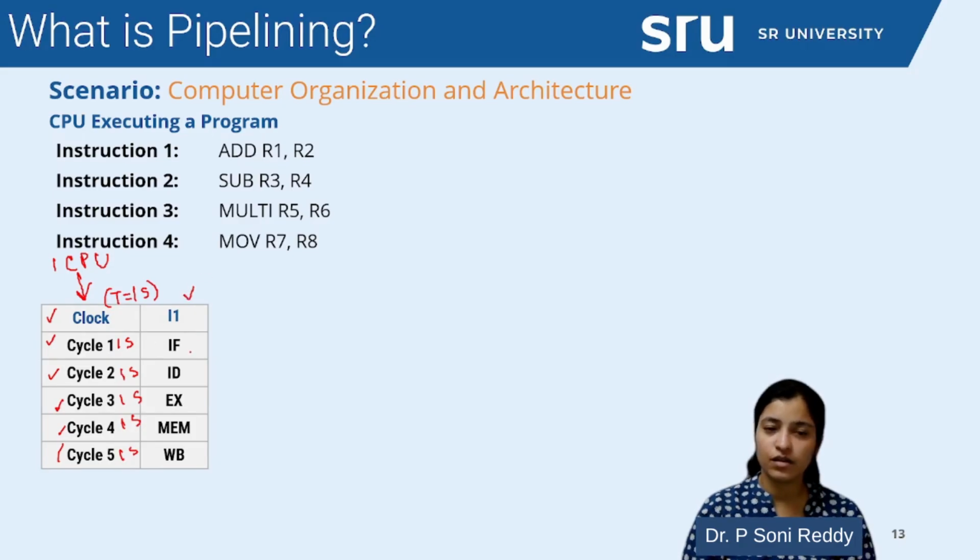Now, for instruction number 1, for every instruction we have divided this into 5 steps. In our previous slides we discussed that the 5 steps are fetch, decode, execute, memory and write back. So in clock cycle 1, the first step, we fetch, that means we read instruction 1. In cycle 2, we decode instruction 1. Why decoding? Because reading is completed.